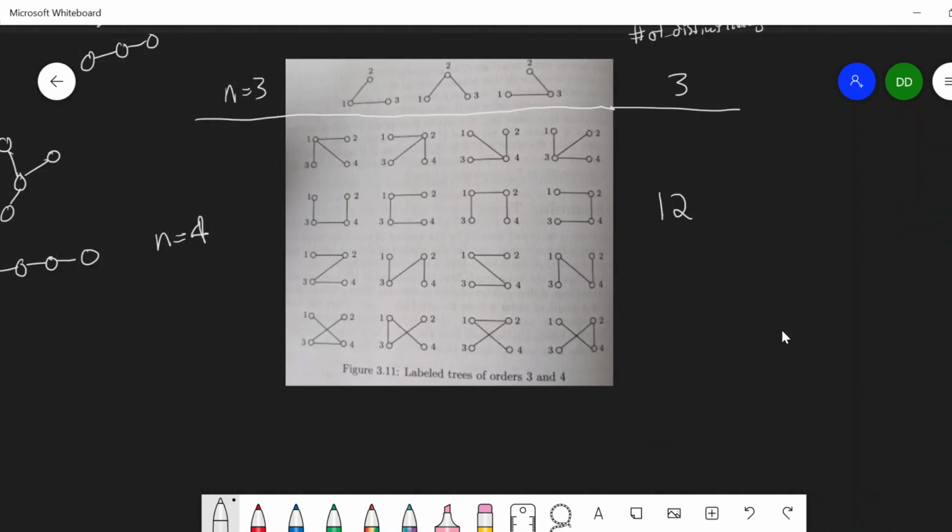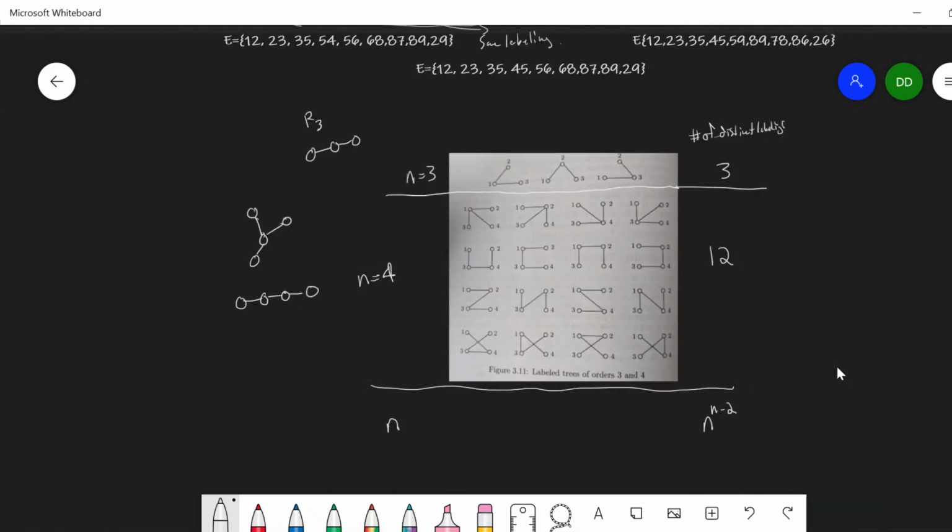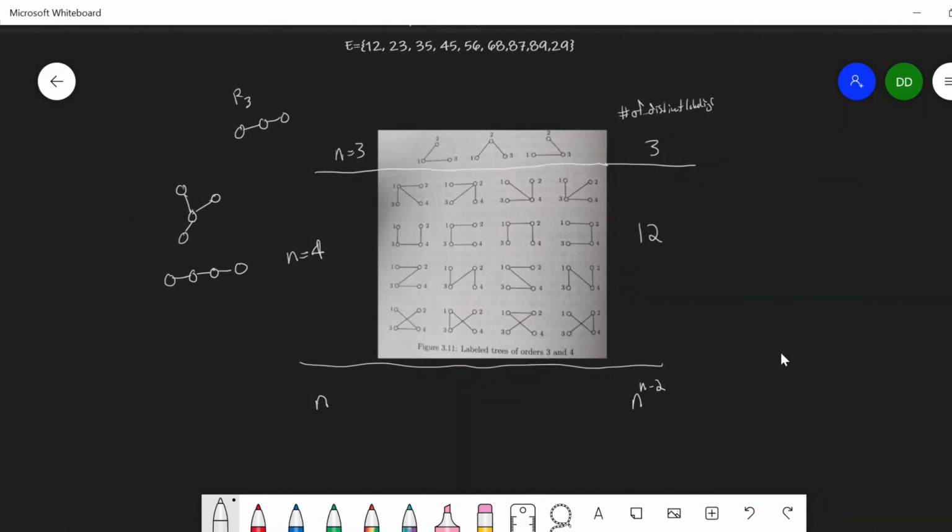So the general formula here, I'm going to give it away. The general formula for a given order n, the number of distinct labeled trees is n to the n minus 2. And in the next few videos, we are going to work on proving this. By the way, this result was first proved by Cayley. I mentioned we would encounter Cayley again.